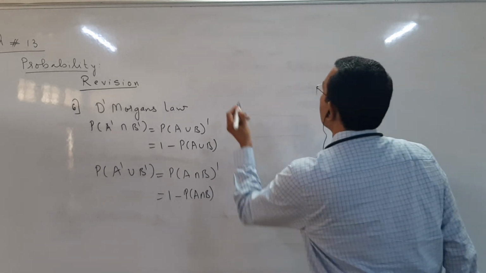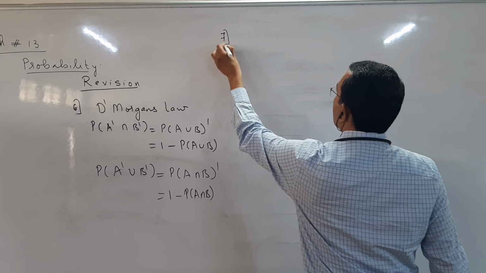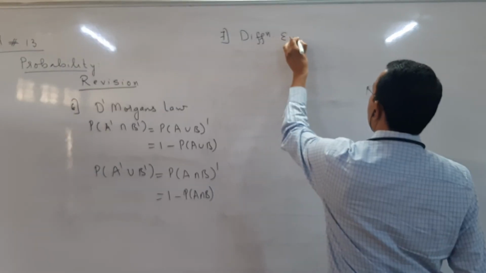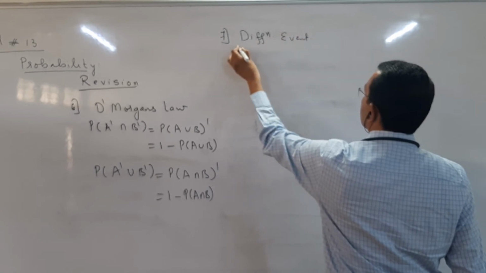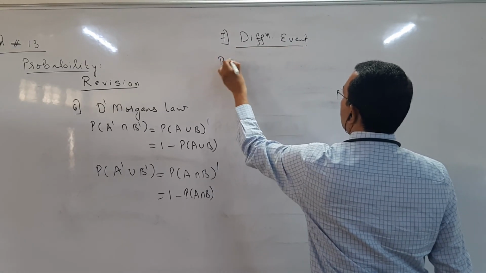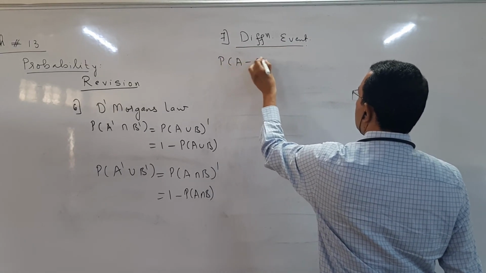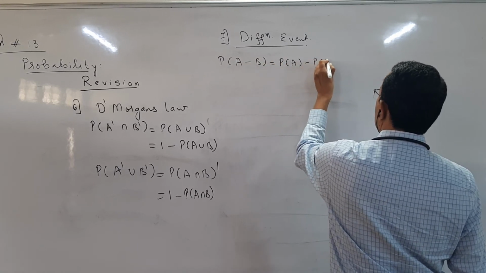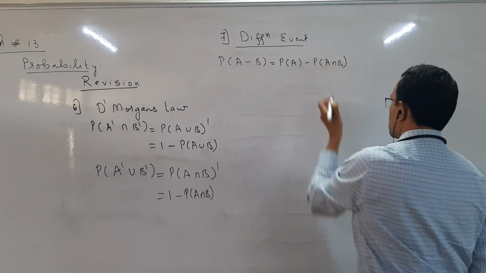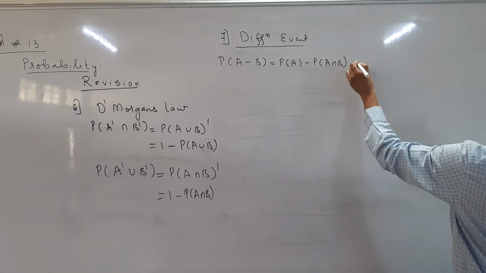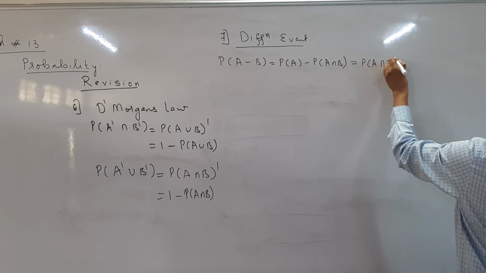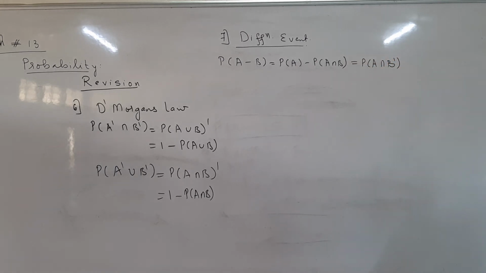Then comes the formula for difference event. P of A minus B is equal to P of A minus P of A intersection B, and that is equal to P of A intersection B complement.